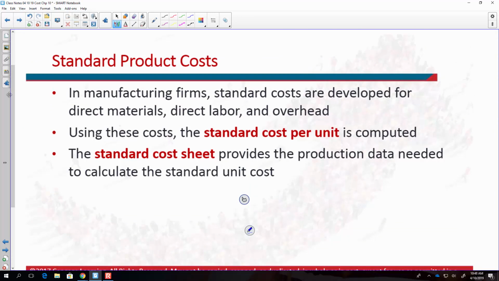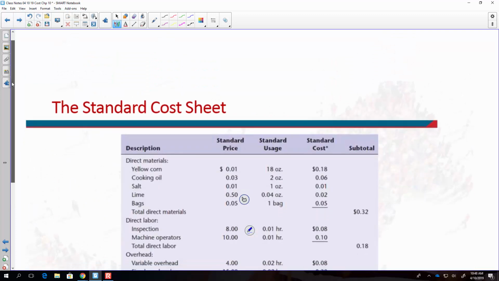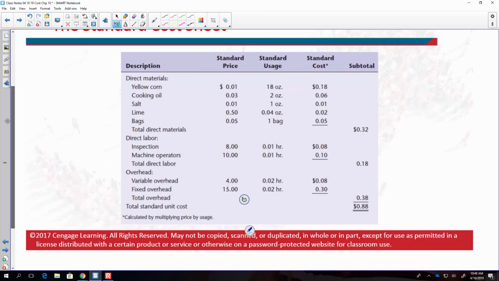So, on page 526 is a standard cost sheet. Basically, you could replace the word standard with budget, and it'd mean the same thing. So our budget for this particular example is we're making a bag of corn chips.